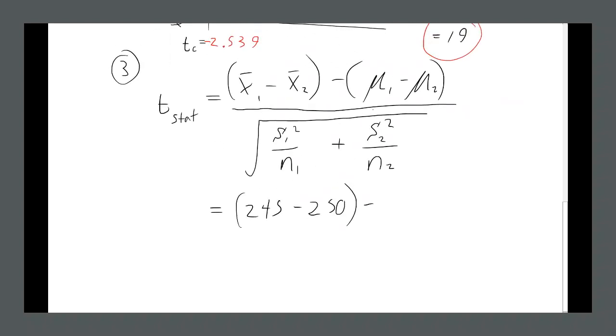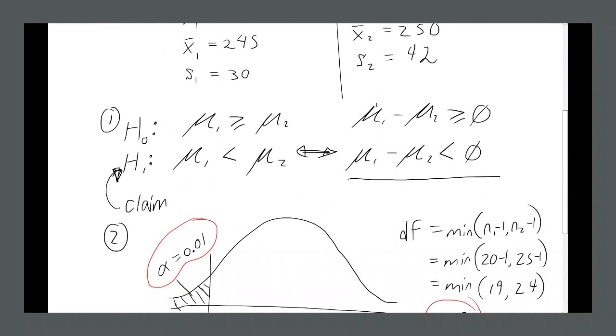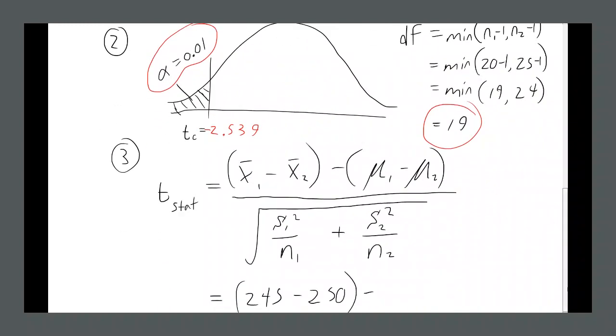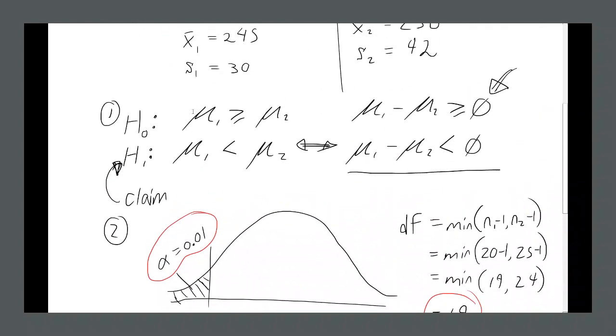As for the hypothesized difference between our population means, as per our null hypothesis, we're setting that equal to 0. So minus 0. Then we have the square root of the standard deviation squared divided by the sample sizes.